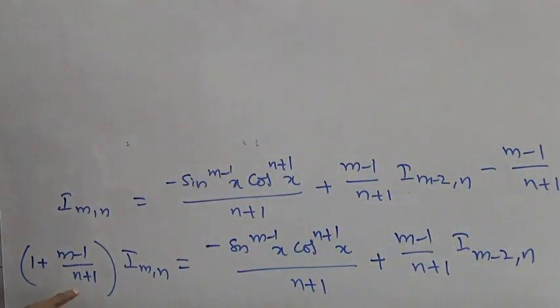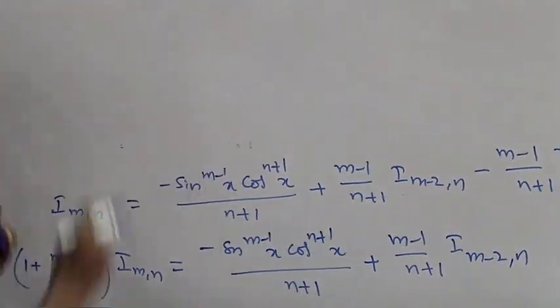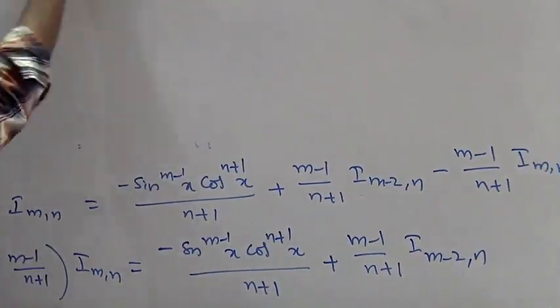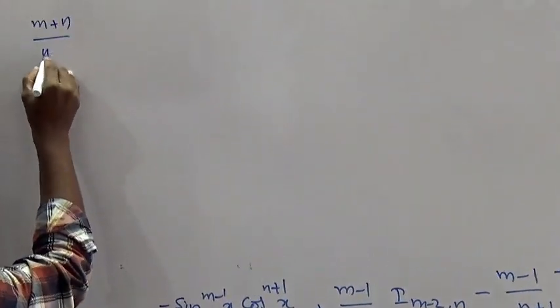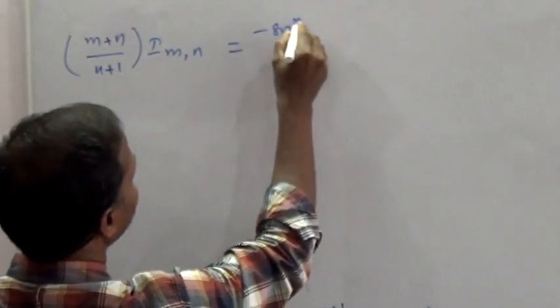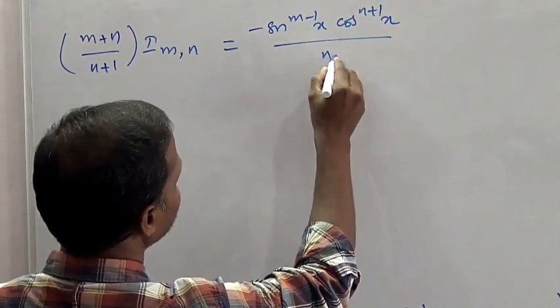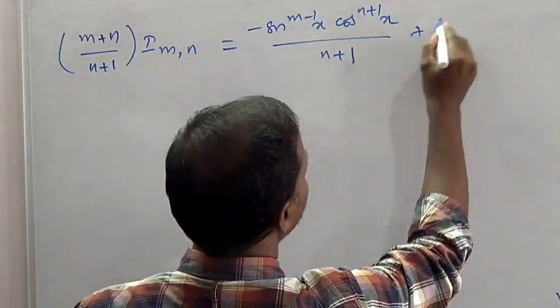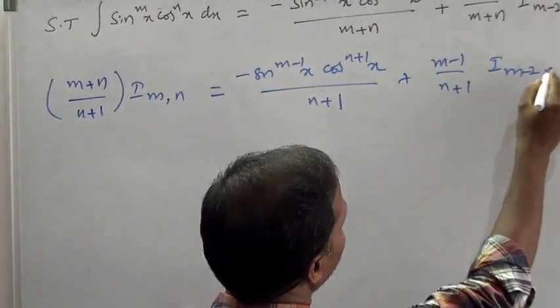This one is n plus 1 plus m minus 1, which is m plus n. So this is m plus n by n plus 1 into I(m, n) equal to minus sin power m minus 1 x cos power n plus 1 x by n plus 1, plus m minus 1 by n plus 1 I(m minus 2, n).